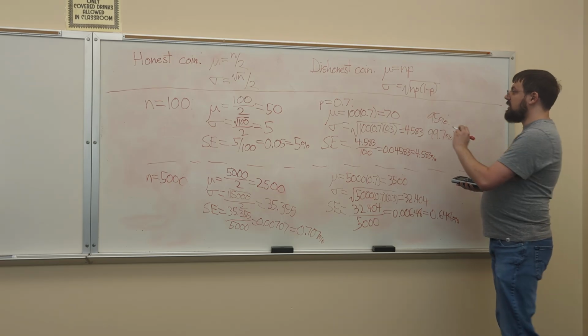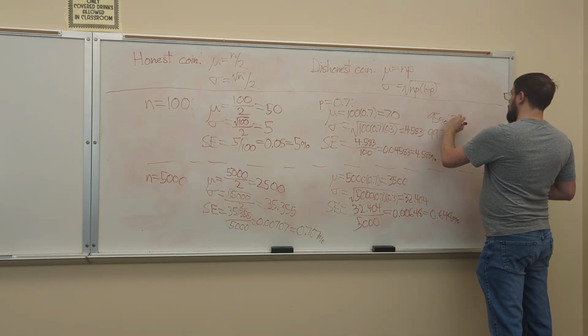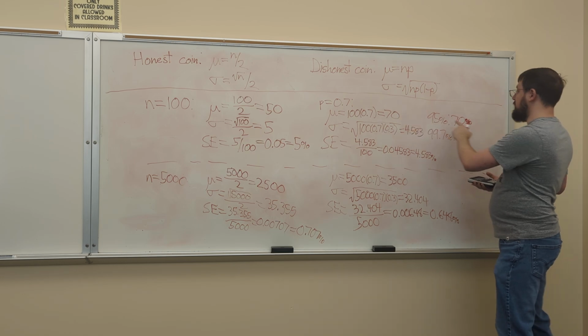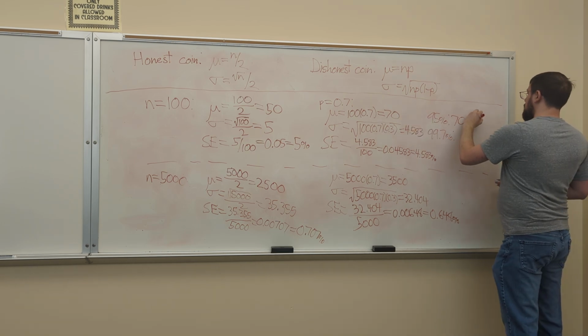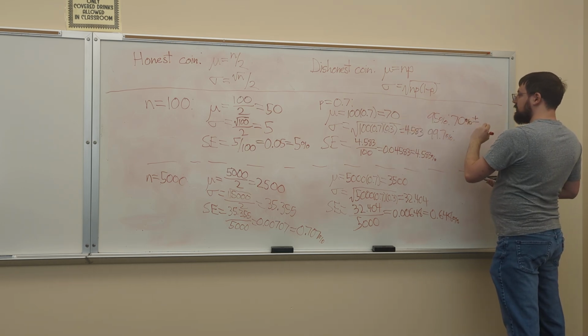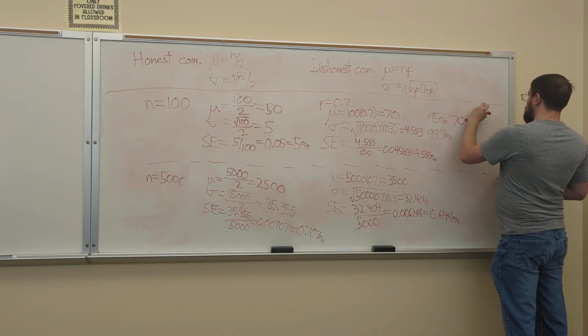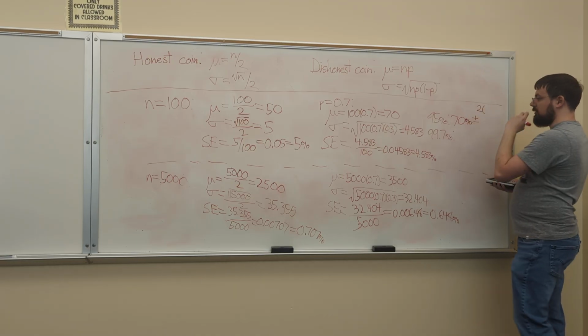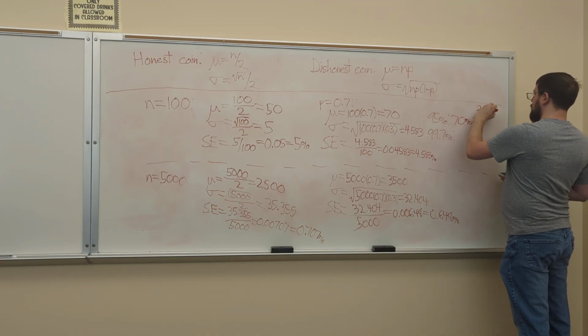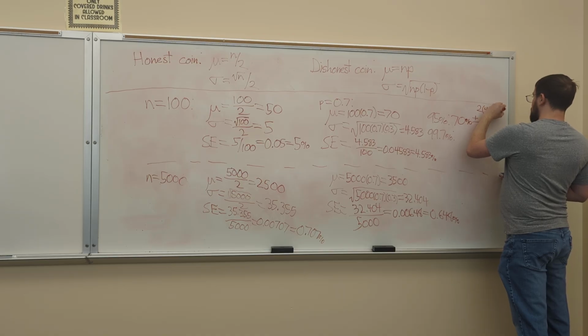So our mean in this case is 70 out of 100, that would be 70%, plus or minus 2 times our standard error, so 2 times 4.583%.